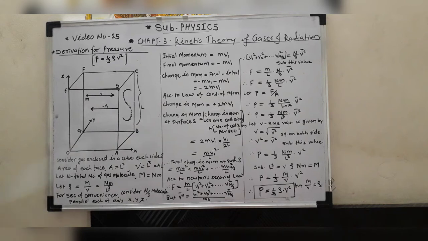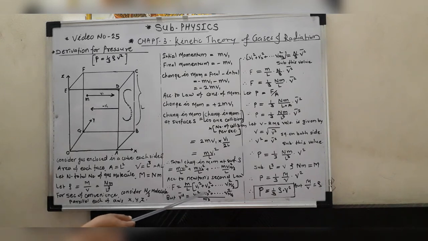Therefore we can write the definition of the mean square velocity. V square bar, that is the mean square velocity, is equal to v1 square plus v2 square plus dot dot dot vn by 3 square upon n by 3. This is the mean square velocity. But we have to write the value of this bracket, v1 square plus v2 square plus dot dot dot vn by 3 square. Therefore v1 square plus v2 square plus dot dot dot vn by 3 square is as it is, and the denominator term n by 3 is taken to this side.